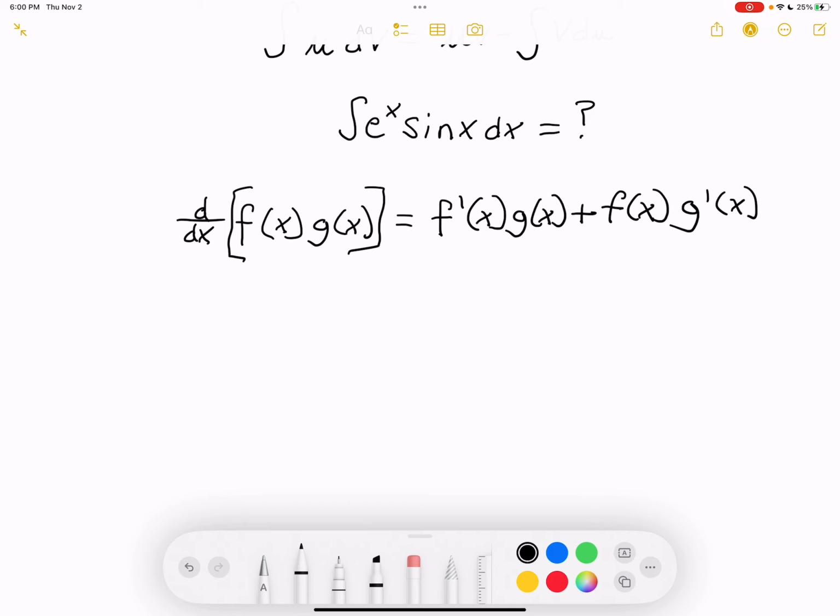And if you've heard of the product rule, you might also know the following. That this is an operator. It says take the derivative of whatever is inside these brackets.